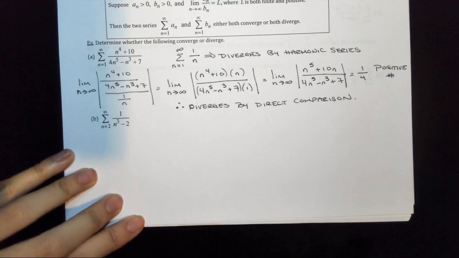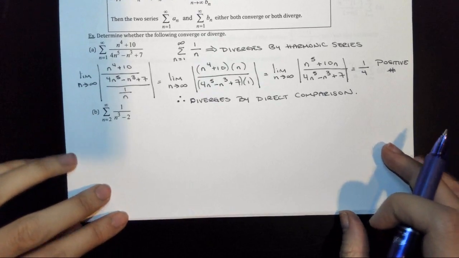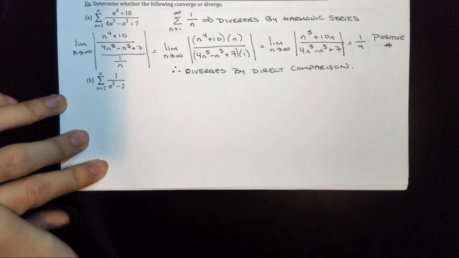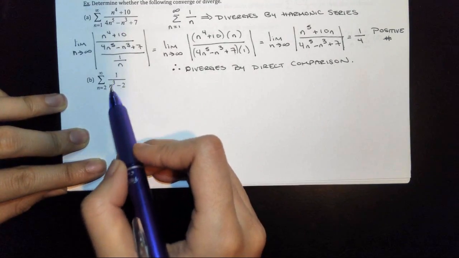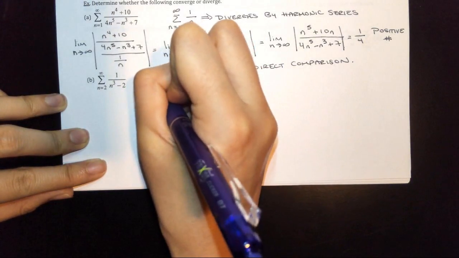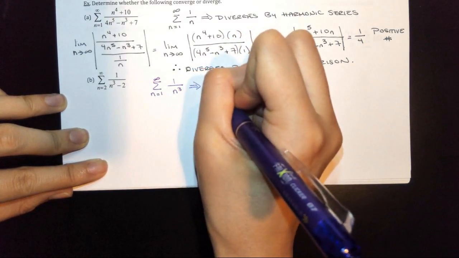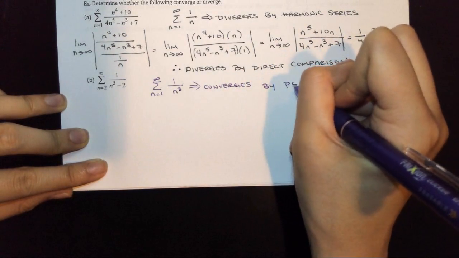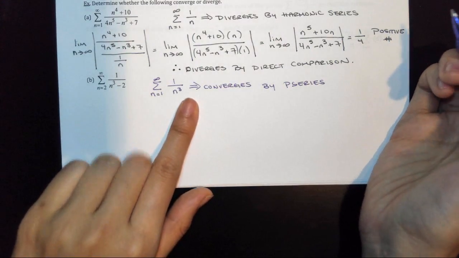Feel free to pause these videos at any time and try the next problems before I actually do them. You could do that with this one if you want to. You could pause right now and try it and then see whether or not you get the right answer. But if I simplify the exponents for this one, I would get 1 over n cubed, and I would know that this converges by p-series, right?